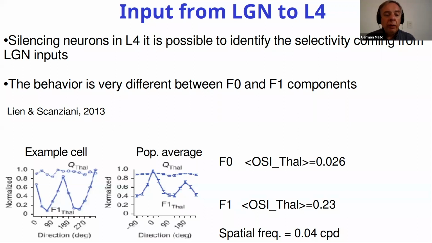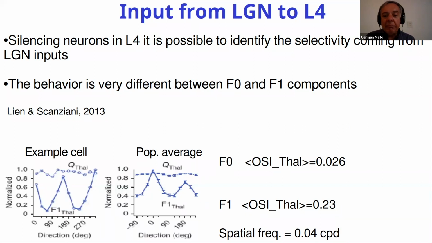What they call Q is in fact F0, the time average of the thalamic excitation, and it's very weakly modulated. This is one example, but if we do a population average, we obtain this panel. There is clearly much more modulation in F1 than in F0. In fact, the OSI for the F1 component is 0.23, while the OSI of the F0 component is 0.026. So it's about a factor of 10 of difference.